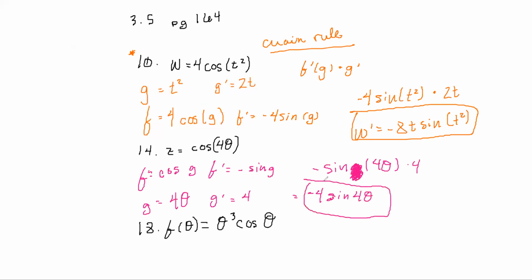Now there is another way of getting to this. Last week we learned about a rule essentially that would just pull the 4 out when we took the derivative. And we said that we could think about it in like one step. We pull the 4 out, we put it out front, we take the derivative, and we end up with -4 sine 4 theta.